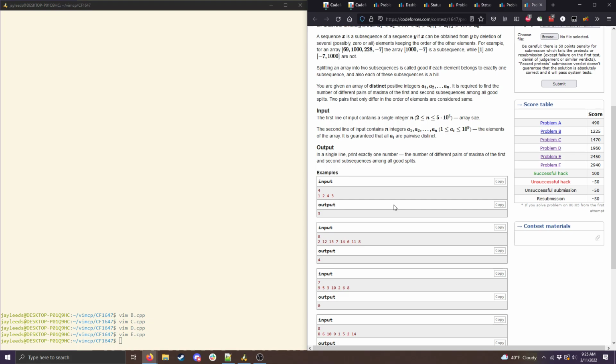Okay, so we can do some kind of greedy thing to find the state at each pair of numbers, and then it becomes some sort of interval query problem.